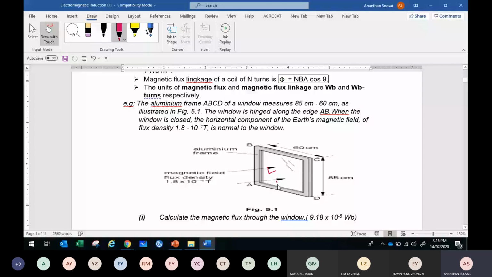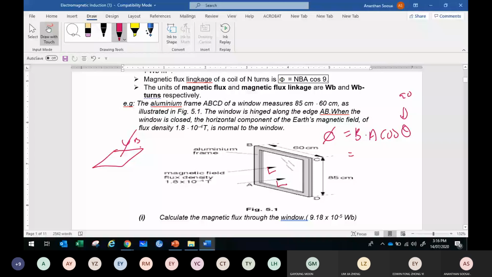Flux is B A cos theta. Here theta is 90 degrees. If this is a surface and this is the magnetic field, which one is the theta given? Theta is this one.